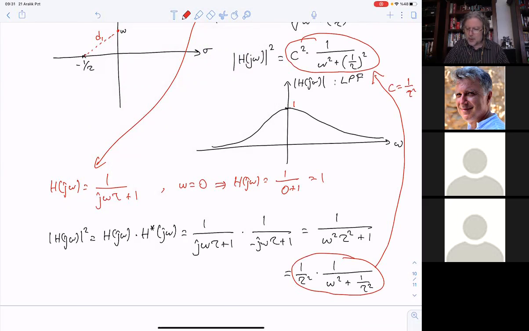Because C square, sorry, it's square, is 1 over tau square, and that is what we see here, 1 over tau square.